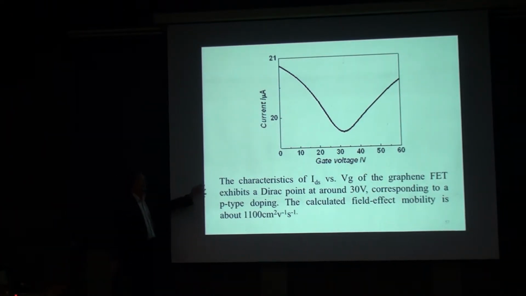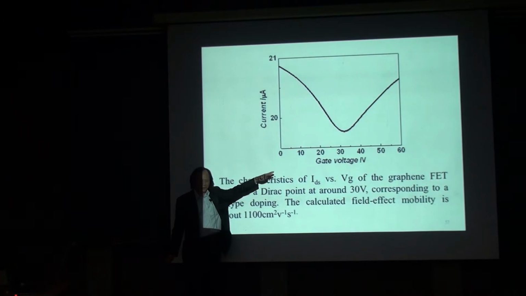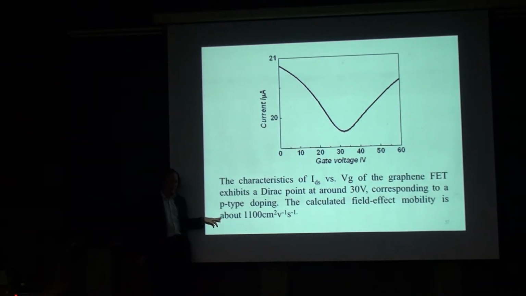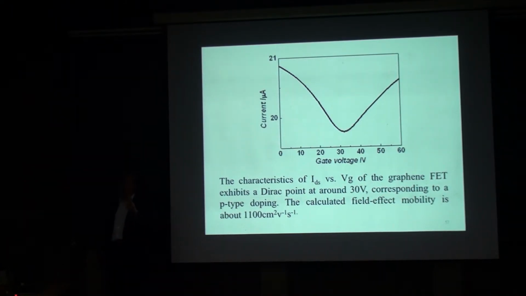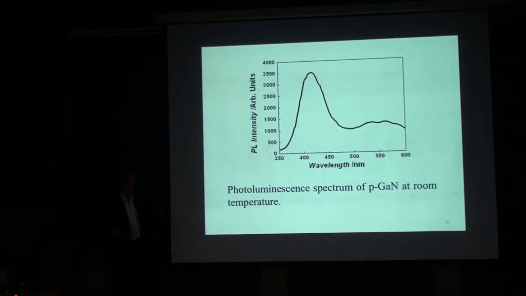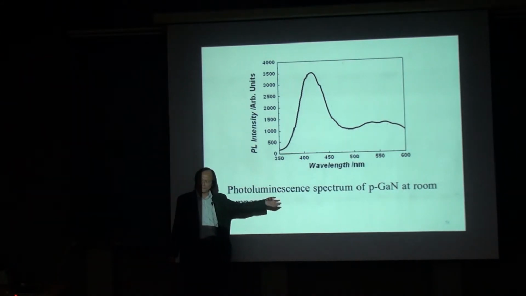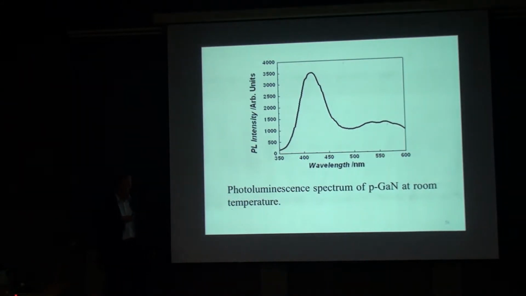Through these IV characteristics, we are able to estimate the mobility of the graphene sheet, and the mobility is more than 1,000. That is pretty good, comparable with indium tin oxide. And this one shows you the optical emission property of the semiconductor thin film.